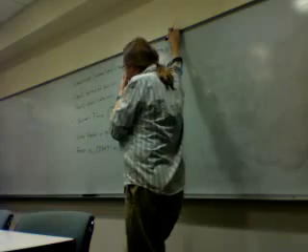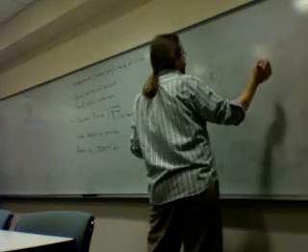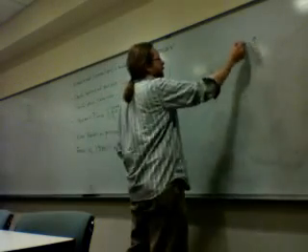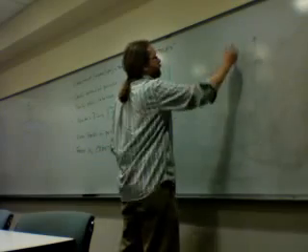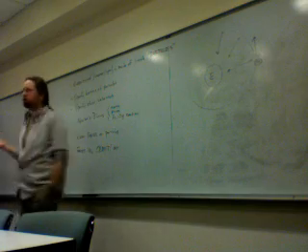In other words, if you've got the Earth going around the sun, oh sorry, let's do the moon going around the Earth. If you've got the moon going around the Earth, it's traveling in an orbit because the attractive force of gravity is always deflecting it from the path it wants to travel, which is a straight line.